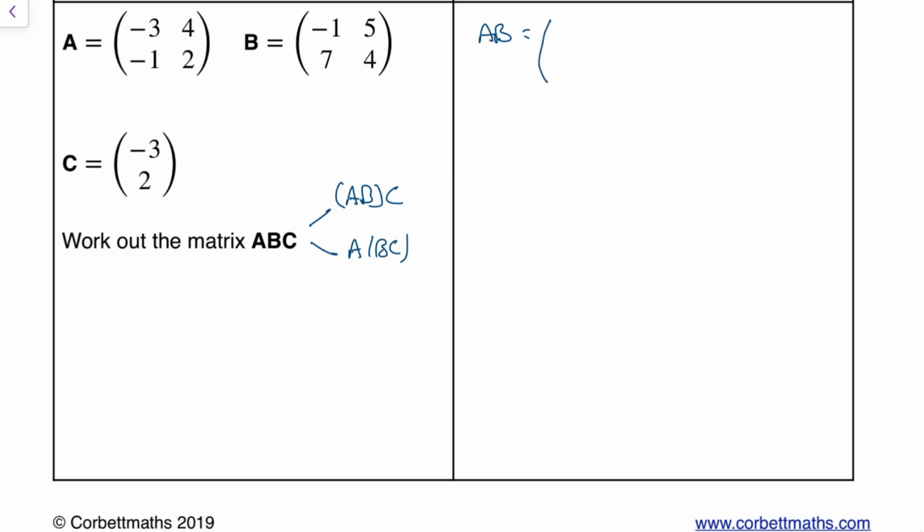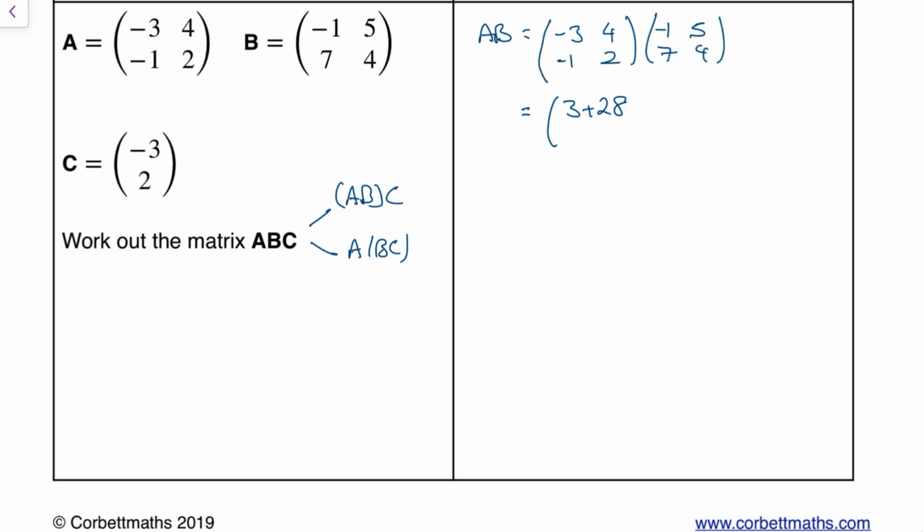So AB is equal to, I'm going to write it out only because it's easy to make a mistake if you don't. So 4, 2, and then minus 1, 7, 5, 4. And then if I multiply it out, so top row times left column, so minus 3 times minus 1 is 3, 4 times 7 is 28.